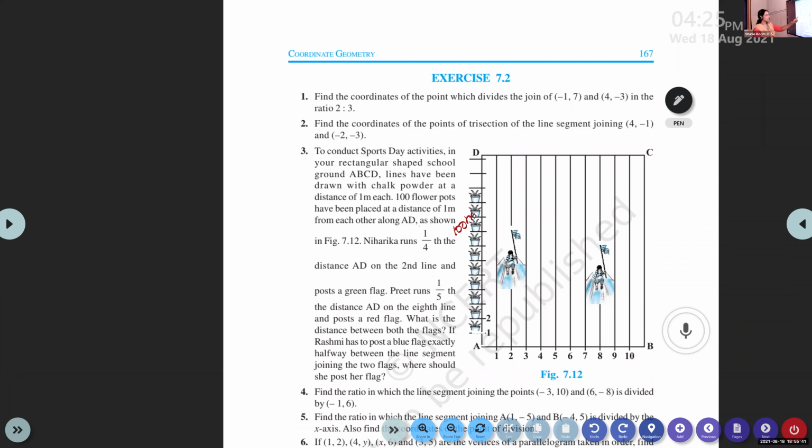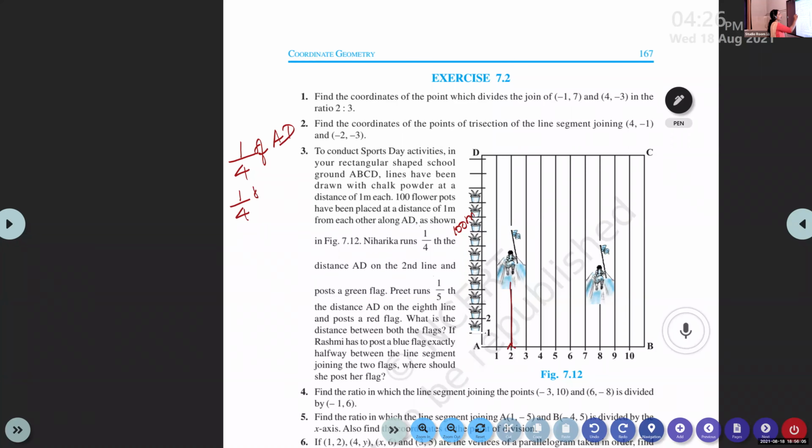Now look at the next one. As shown in the figure, Niharika runs 1/4 of the distance AD on the second line. She is moving along the second line and she covers 1/4 of the distance AD. AD is already 100.